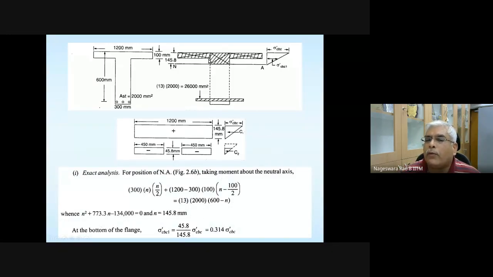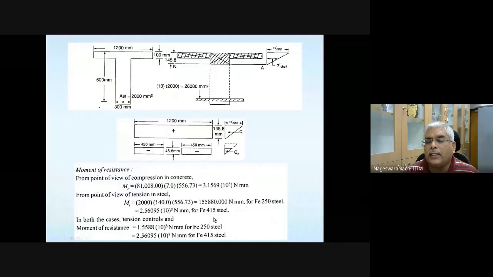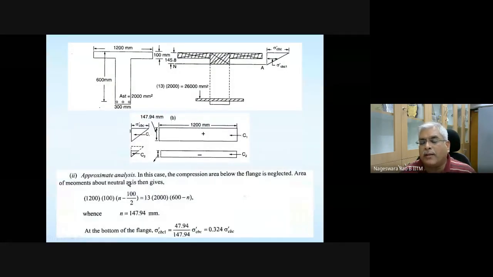So what if I ignore this portion? If I just take only the flange portion to be in compression and do the rest of the calculations, what difference does it make in the stress calculations? That is shown here in the rest of the calculations, and here, approximate analysis.